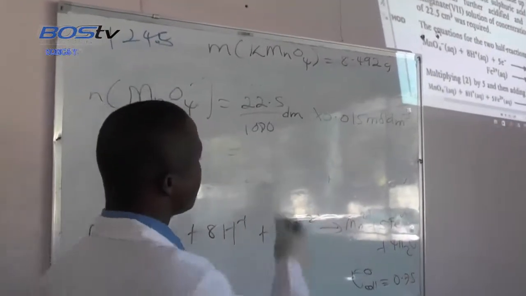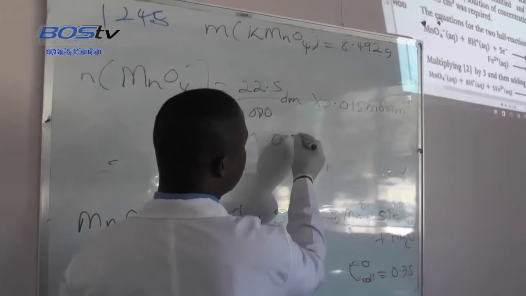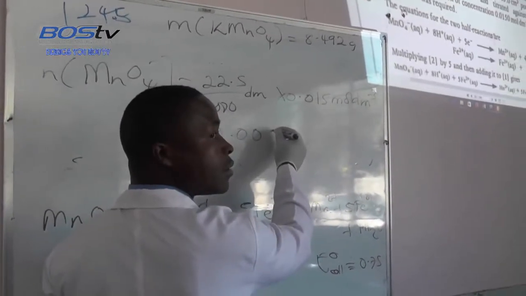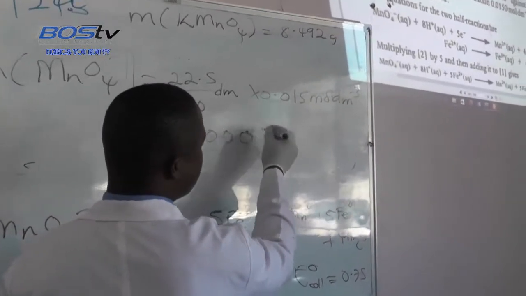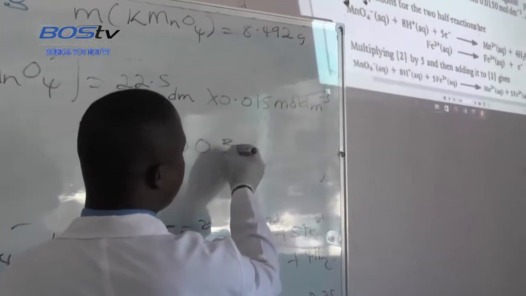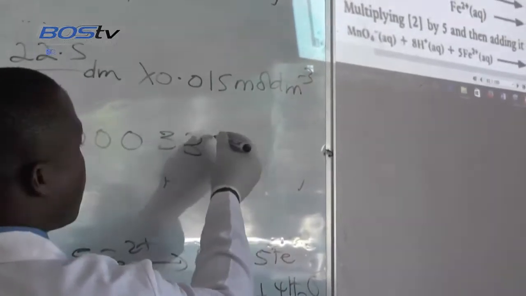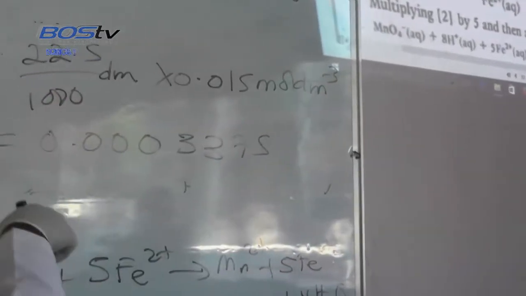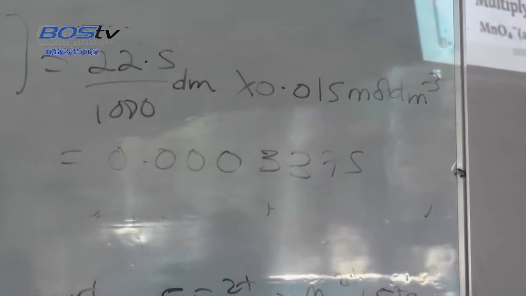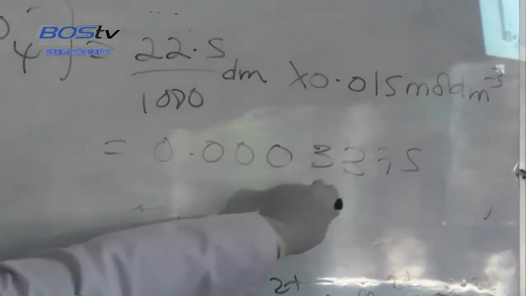It's 3.75 times 10 to the minus 4. These are the number of moles of potassium permanganate that were in the 25 cubic centimeters used for the titration.